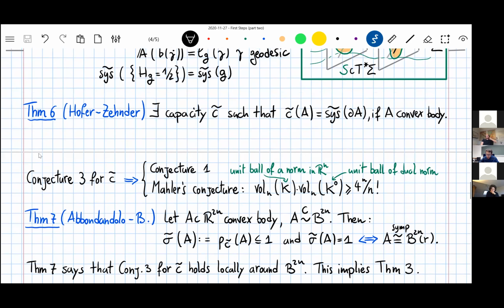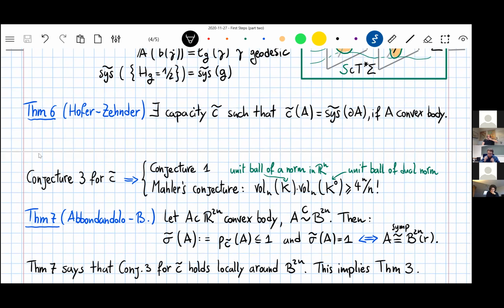Right, so now we discussed the examples. I promised that you can define capacities using periodic orbits, and this is exactly what the Hofer-Zehnder theorem does. It says that there exists a capacity C tilde with the property that C tilde of A is equal to the systolic length of the boundary of A if A is a convex body.